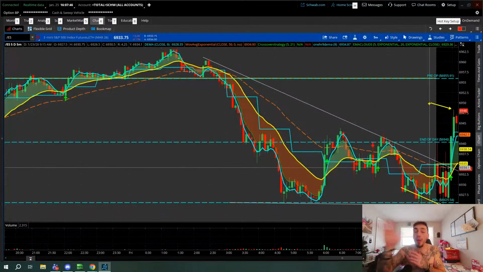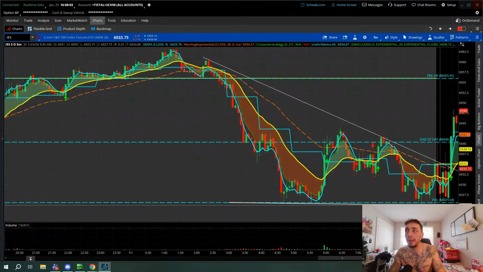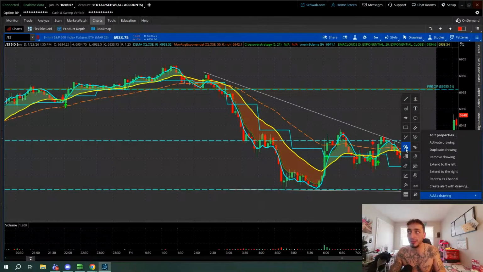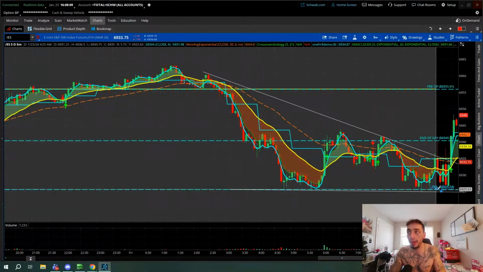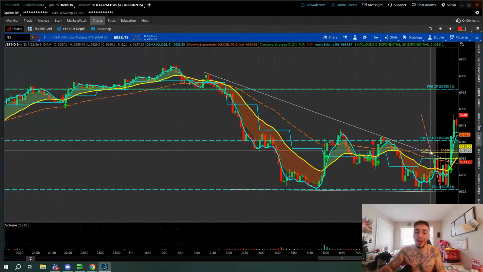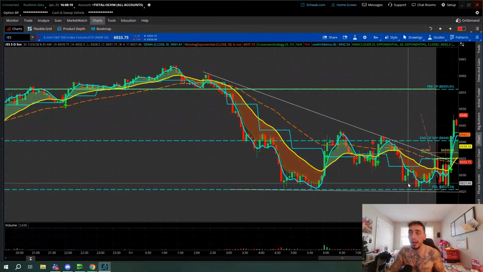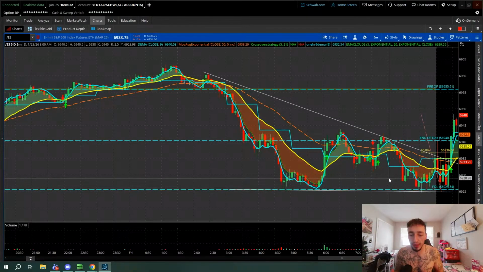When I want to get into the market, I don't know where to get in. So what am I going to do? Whip out my fib. Now let me make sure you guys see this. I'm going to right click here, add drawing, and I'm going to grab the low, and then I'm going to grab the high. What this is going to do is plot the 50% point. Now, the 50% point becomes the reference point.